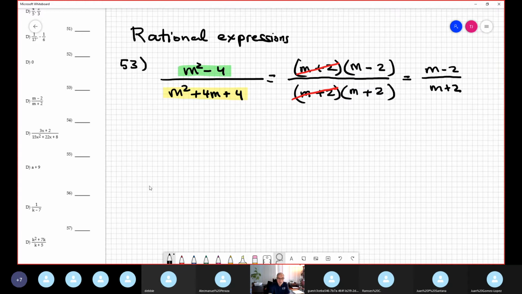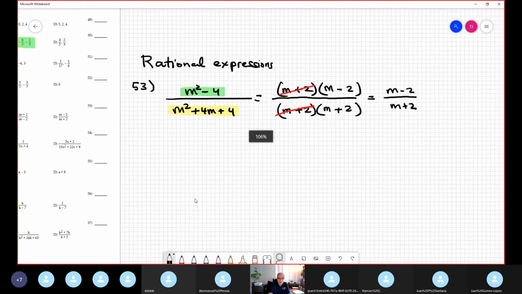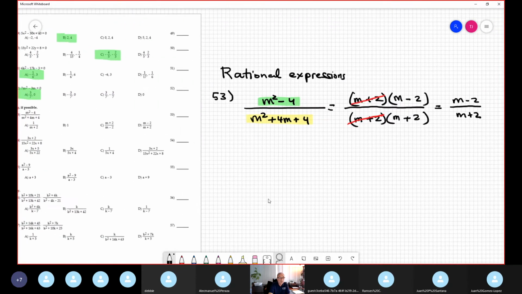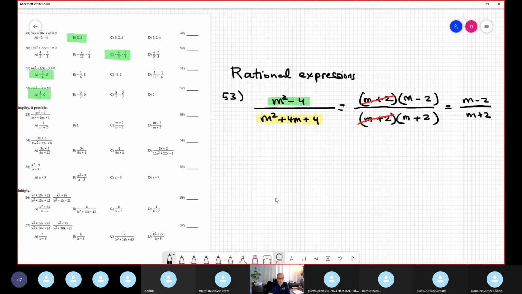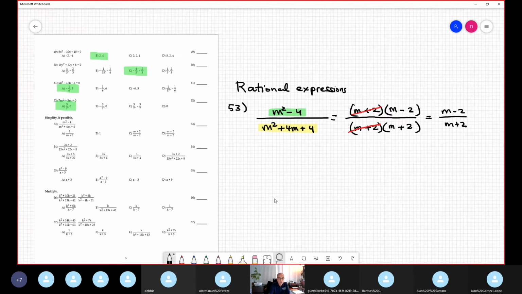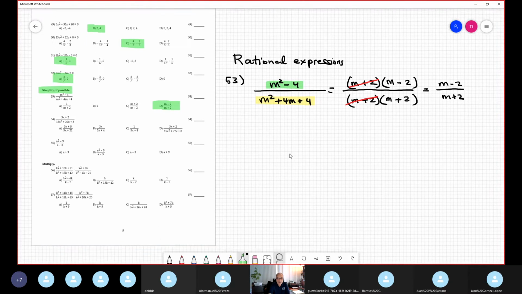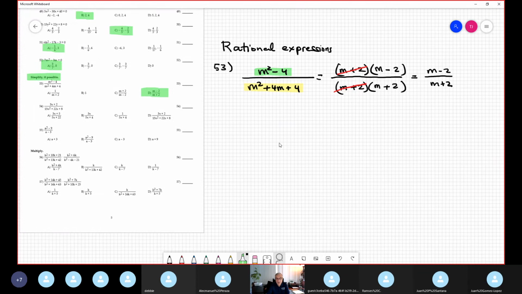So now, that problem is not an equation. It's expression manipulation, simplify the expression. You manipulate until you get the solution, which in this case is D. Do you understand the idea for simplifying rational expressions? Rational is a synonym for fractions.